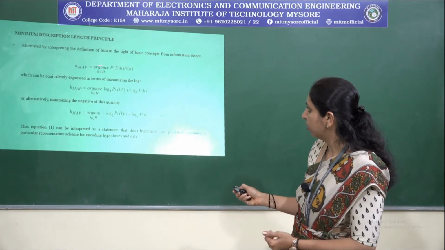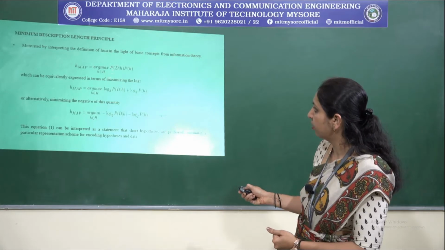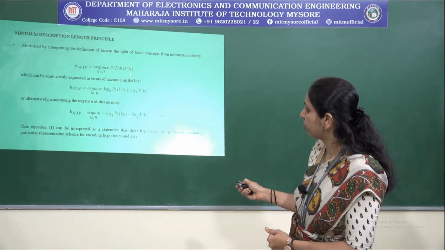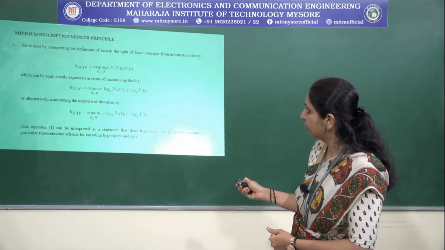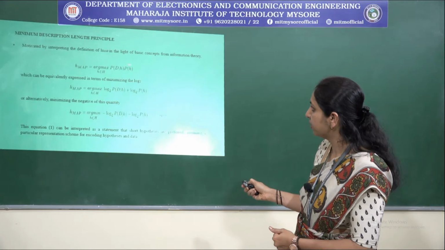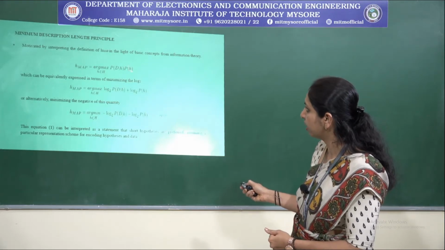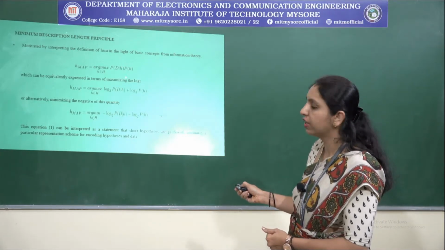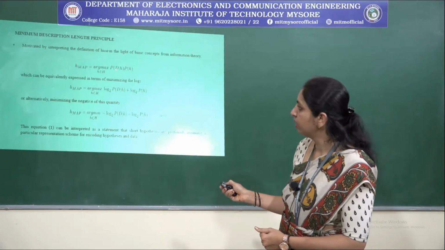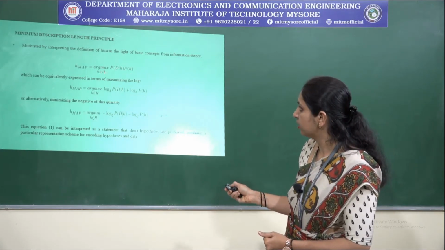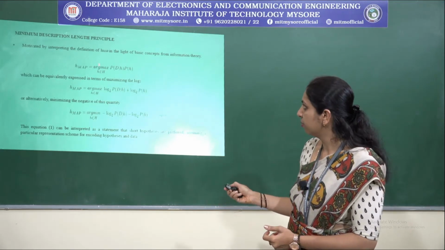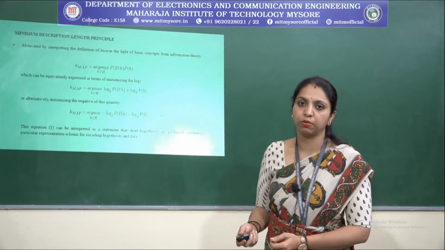So max of probability of D given H into probability of H. As we have already seen in the earlier sessions, probability of H is nothing but the probability of this hypothesis and probability of D given H is nothing but the probability of the data given the hypothesis.